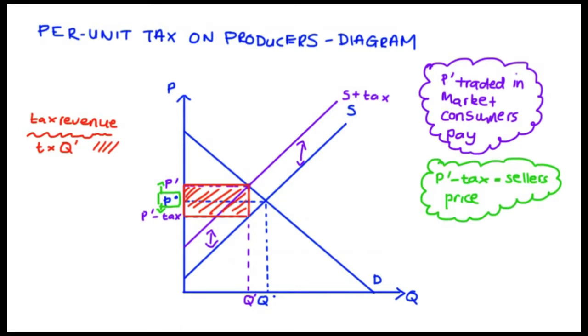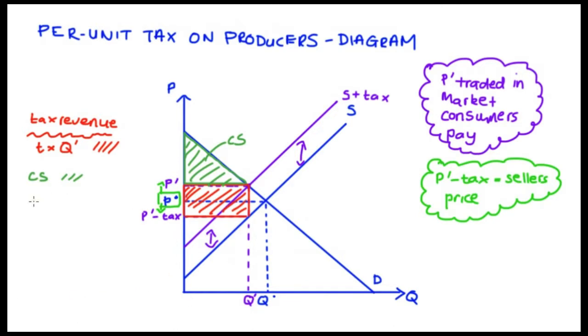Now we can think of consumer surplus, and I'll use a green colour. Our consumer surplus is always going to be the area below the demand curve and above the price. The price that we said before that consumers pay is P prime, so the consumer surplus is going to be equal to this triangle here. The producer surplus is going to be the area above the supply curve and below the price that the suppliers get per unit.